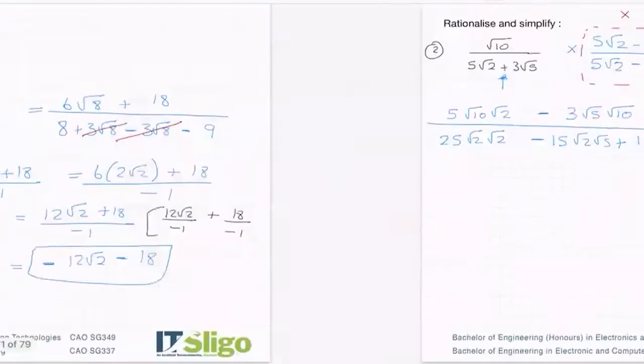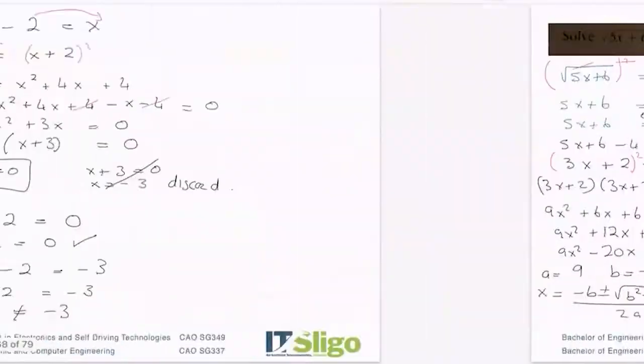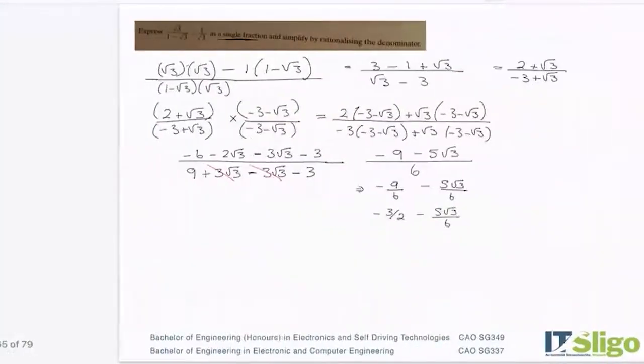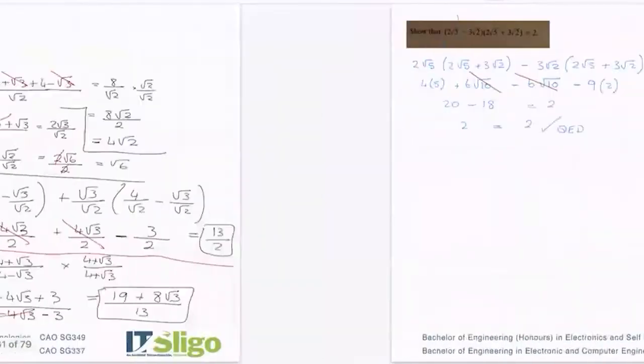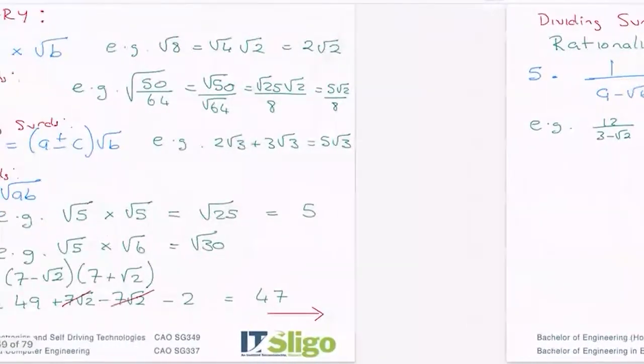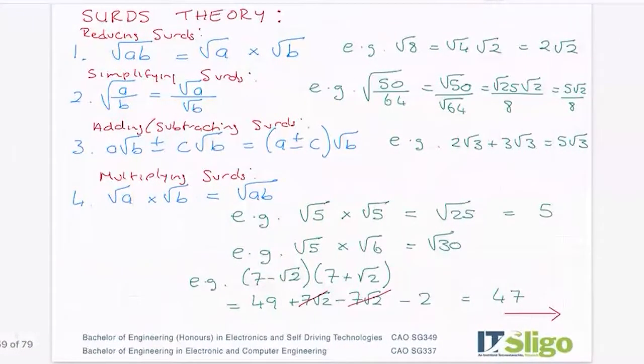So what I'm going to use now is what we did a couple of classes ago, where we were looking at the rules of surds, so make sure you're watching that. When you have two surd numbers multiplied by each other, you literally just multiply the numbers under the square root sign, and you'll get the square root of a single number.